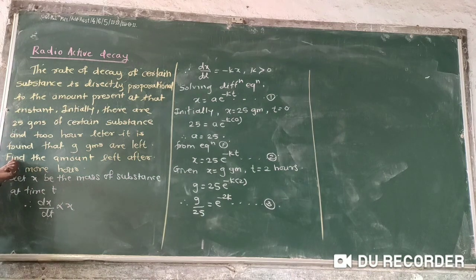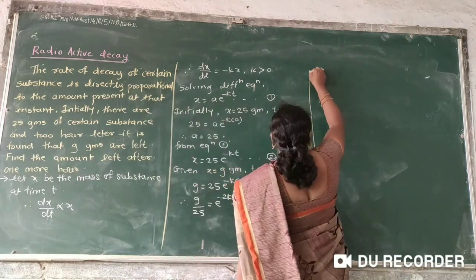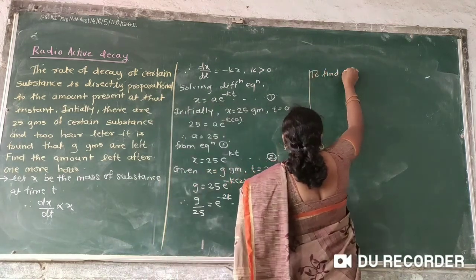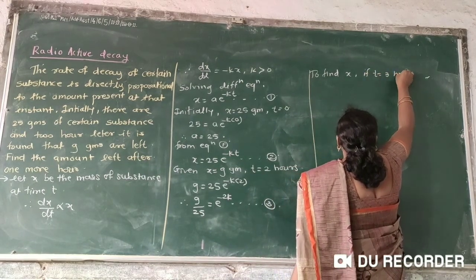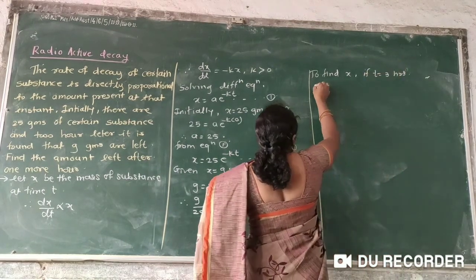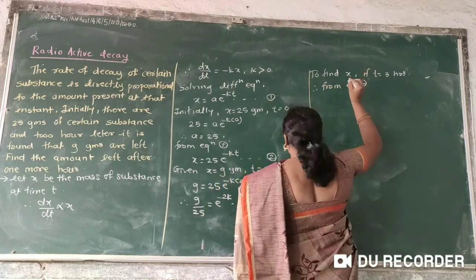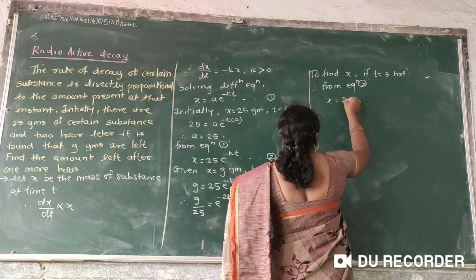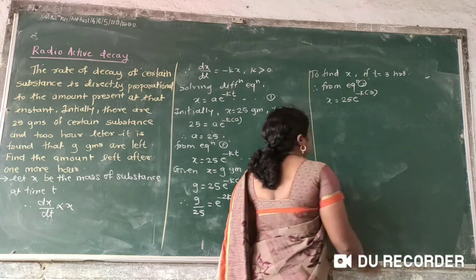Now, here we need to find the amount left after 1 more hour. That means after 2 hours, again 1 more hour, that is time t is equal to 3 hours. To find x, here t is equal to 3 hours. Therefore, from equation 2, x is equal to 25 into e raised to minus k into 3.